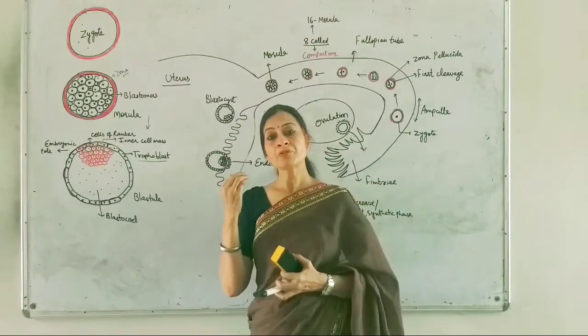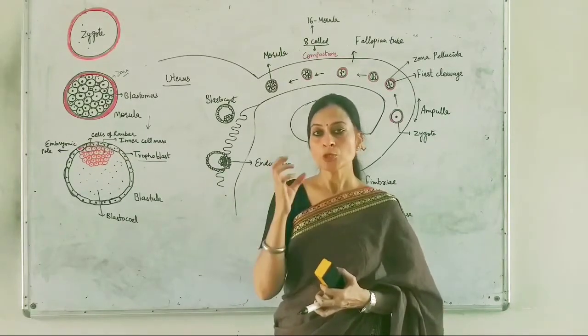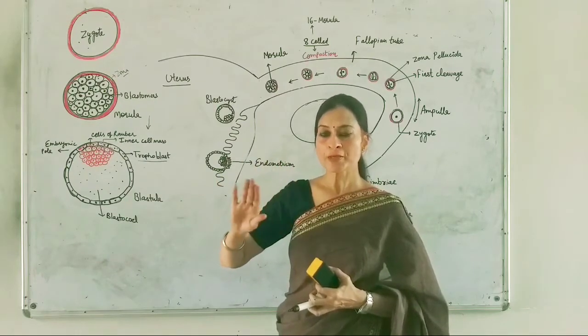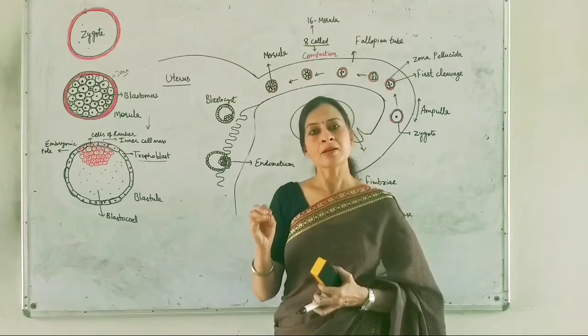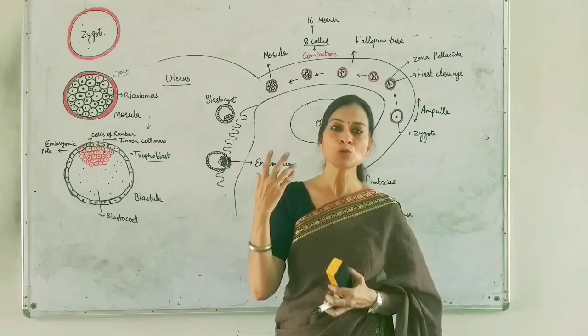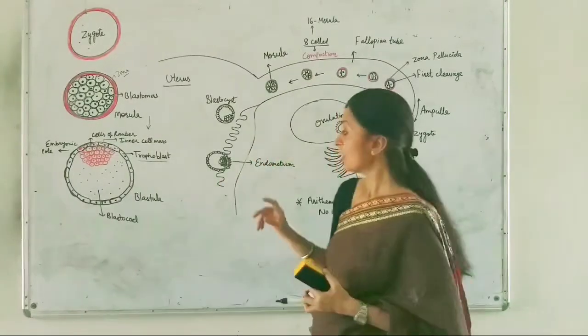So to prevent abnormal implantation of this blastocyst, the zona pellucida is there. But as the blastocyst is growing, the zona pellucida will become thin, and then later it will disappear. When implantation takes place, there will be no role of zona pellucida and it will disappear.